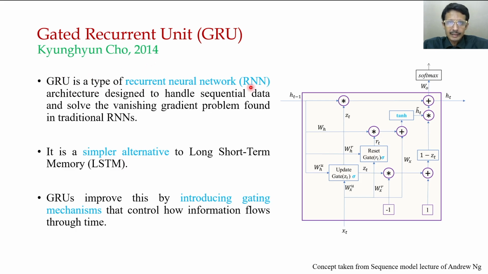It is also an RNN, with a similar kind of architecture designed to handle sequential data and solve the vanishing gradient problem found in traditional RNNs. GRU is essentially a bit simpler in structure than LSTM, but it solves the problem of vanishing gradient and the long range dependency problem of the simple RNN.